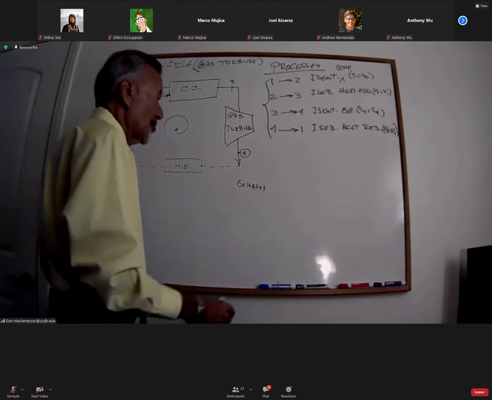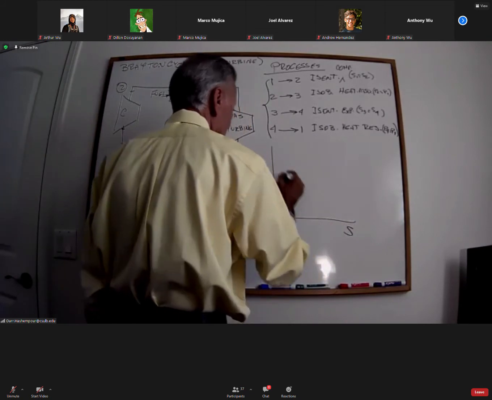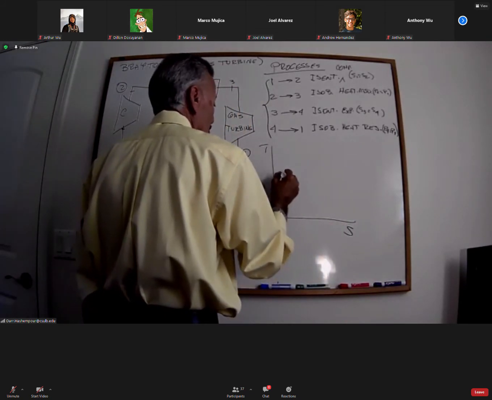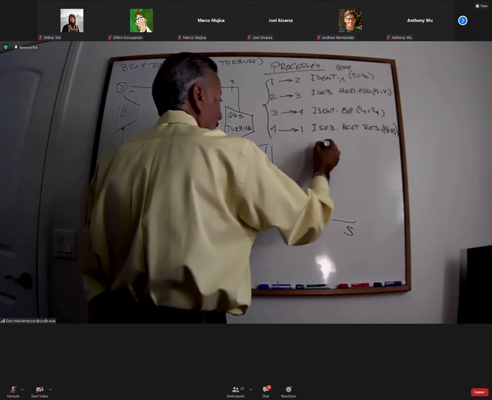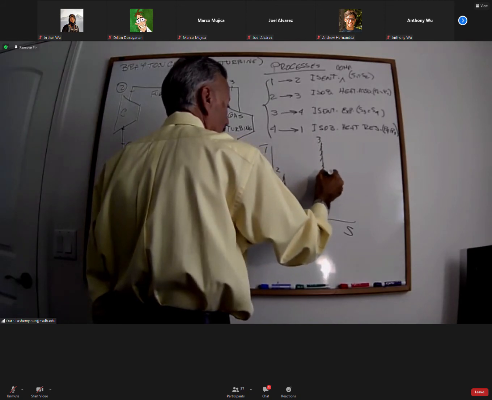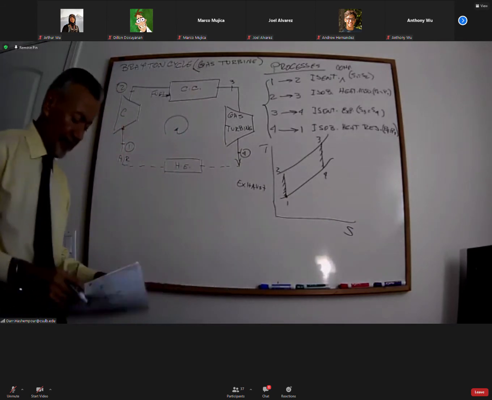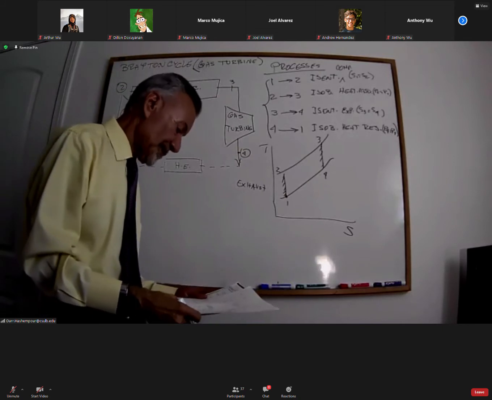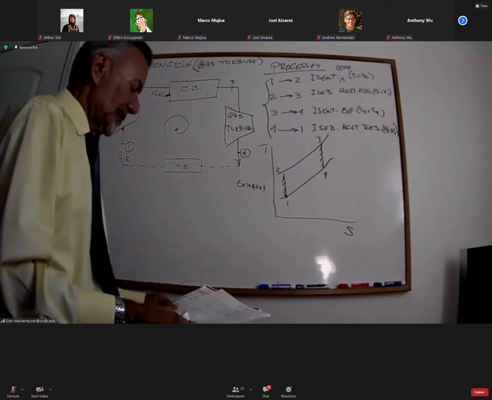Now, to do the TS diagram for that, I have point 1 going to 2, and then 3 to 4. That's my TS diagram. Very easy. Any questions?